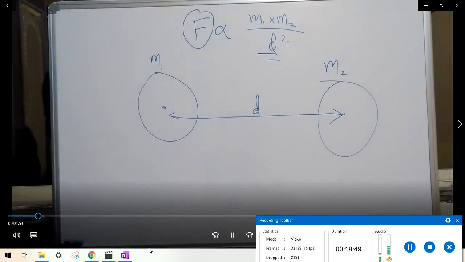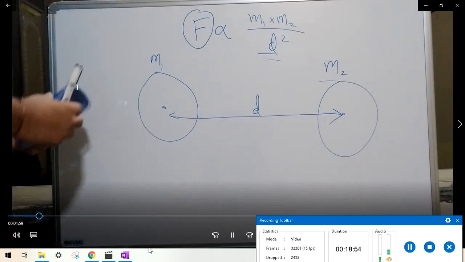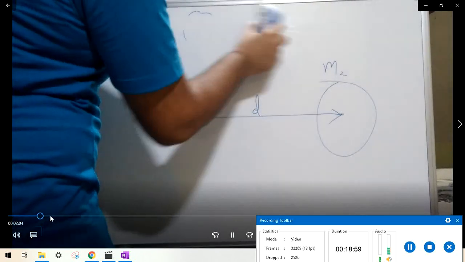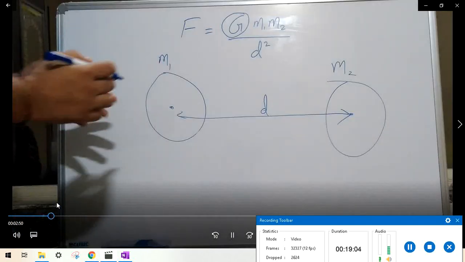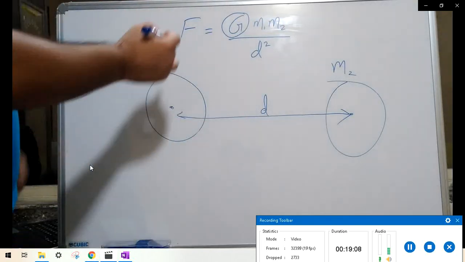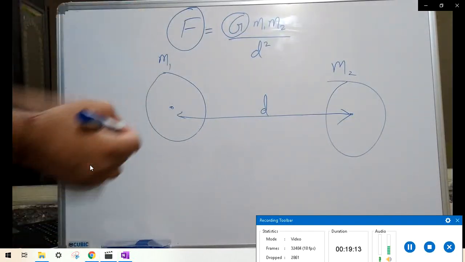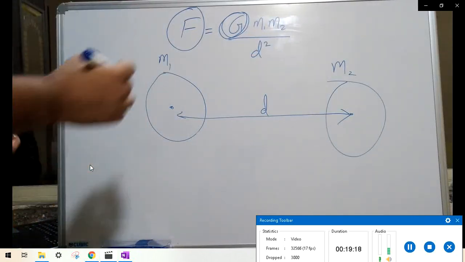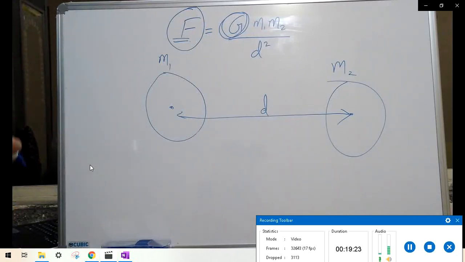So later on Newton discovered one constant. A constant is basically a number that we add to update our formula so that we can find the exact value of the force. With a constant value, if you have any two objects in the universe, you can find the force existing between them. But if you are using G as the constant, you must know that the force you will find is the universal gravitational force.